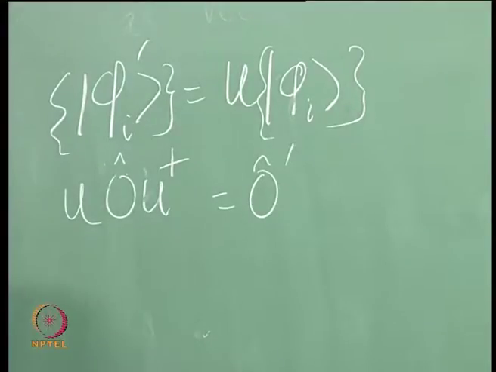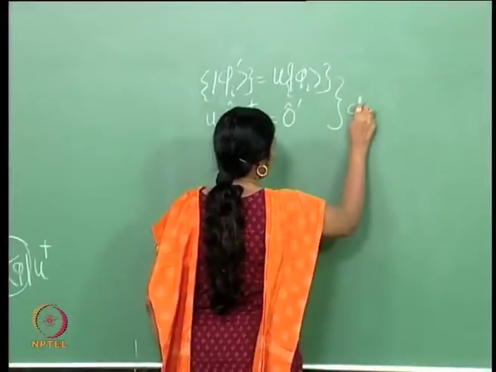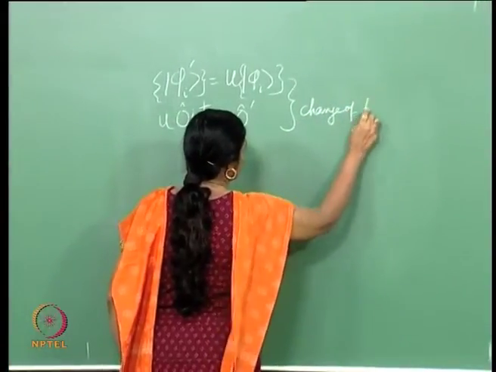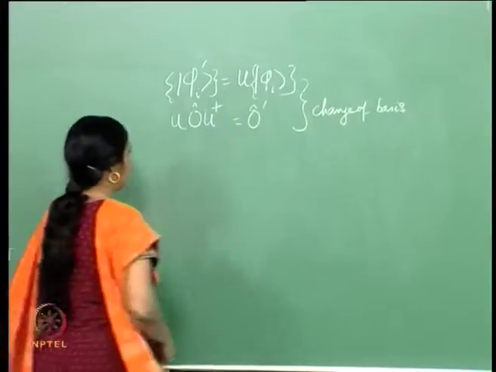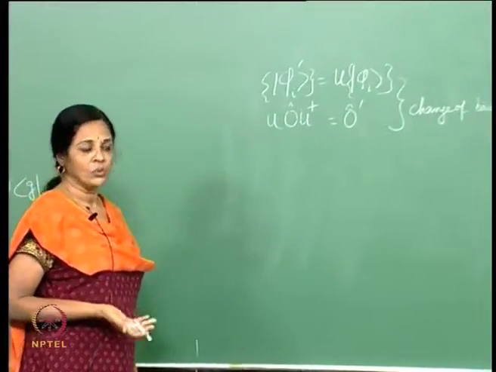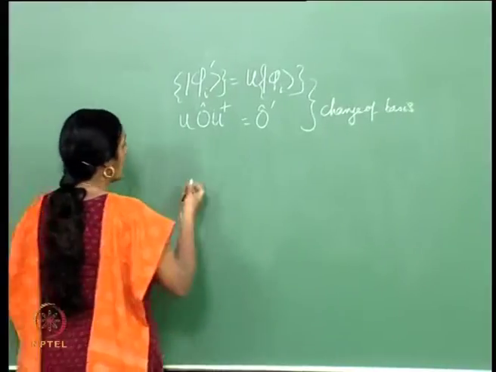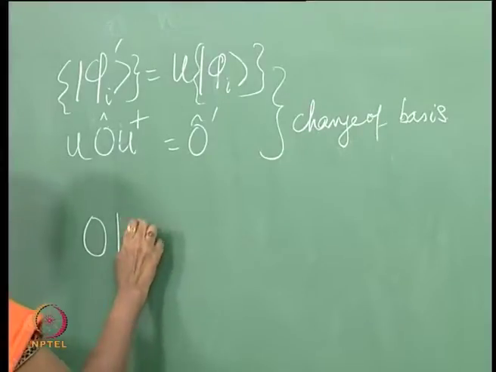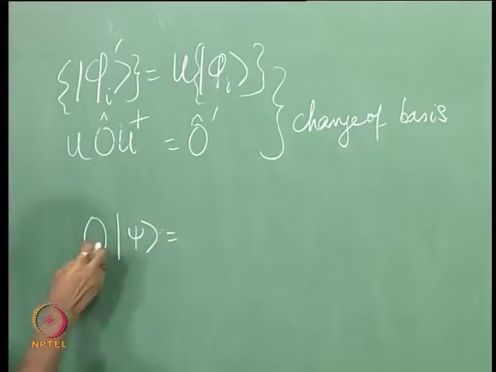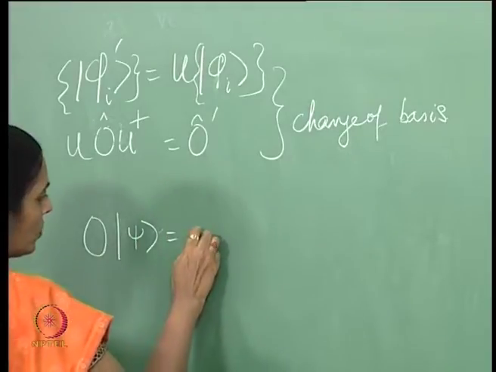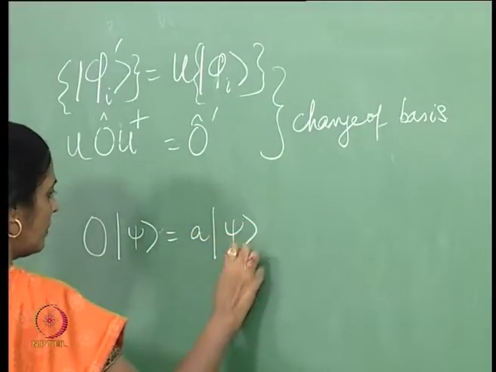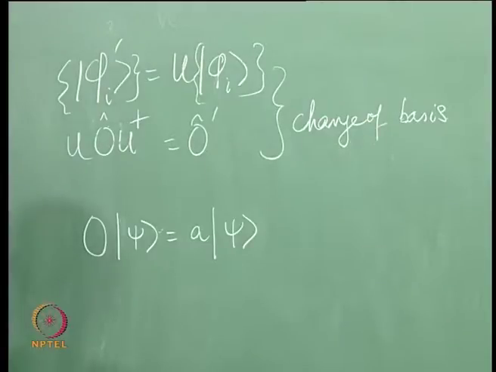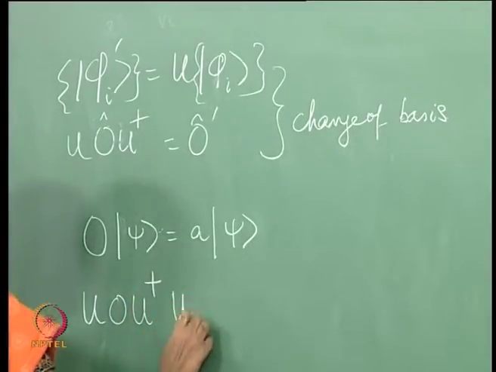Under such a unitary transformation or change of basis, what happens to eigenvalue equations? Suppose in the unprimed basis, ket psi is an eigenstate of some operator O with eigenvalue A. In the primed basis, O goes to U O U dagger and psi goes to U psi.